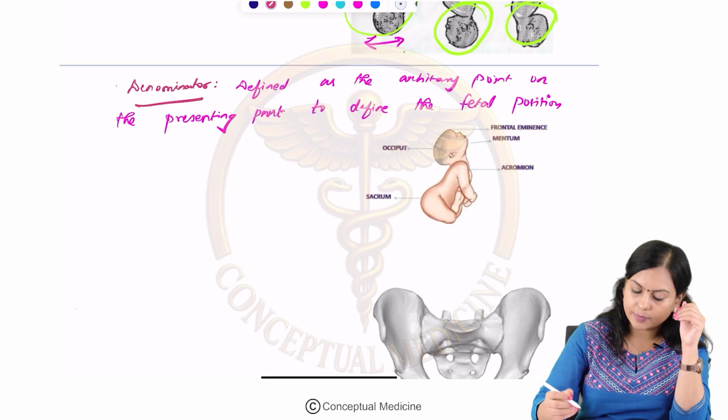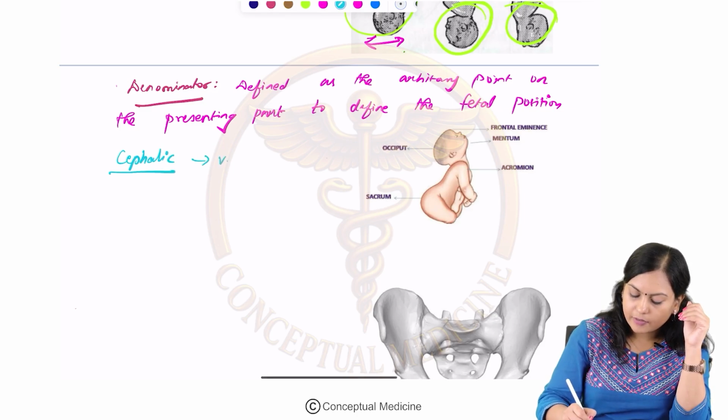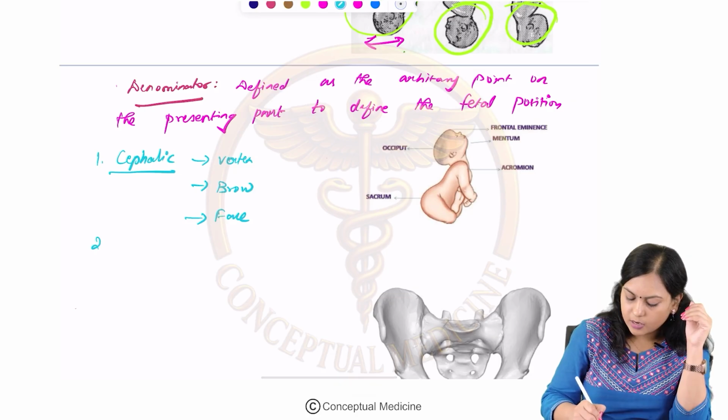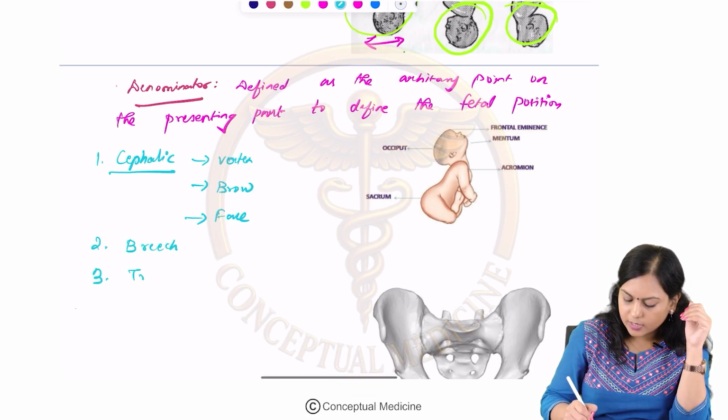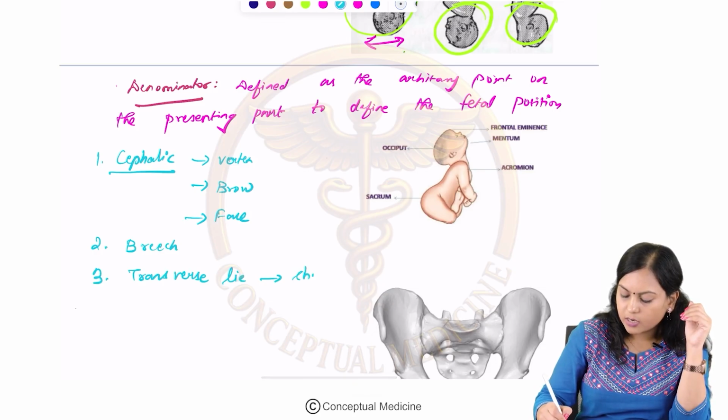So what are the various presentations we have seen so far? In cephalic presentation, we have either the vertex or brow or the face presenting. You can have a breech presentation. You can have a transverse lie in which a shoulder presentation is there.